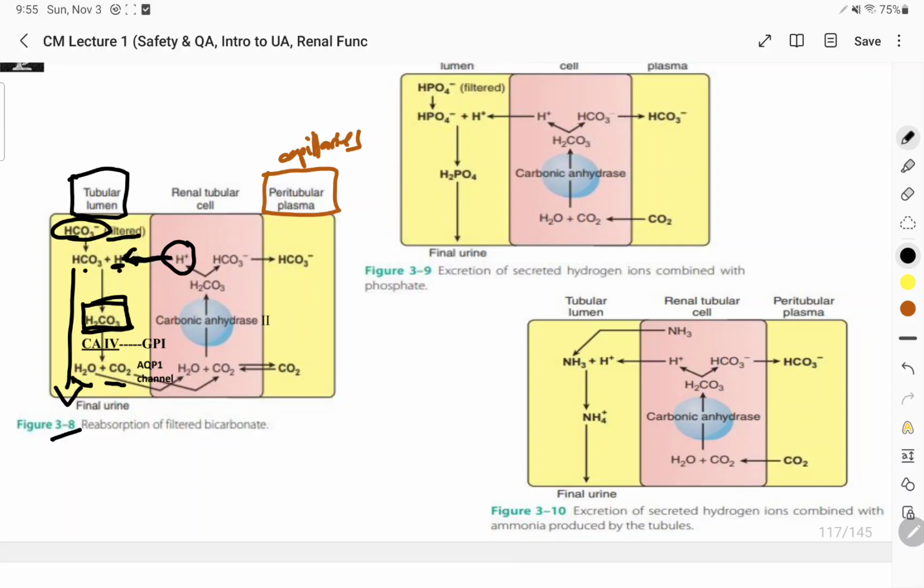Bicarbonate and hydrogen will combine, forming carbonic acid. Via the action of carbonic anhydrase 4, this is an enzyme, your carbonic acid will be broken down into water and carbon dioxide.